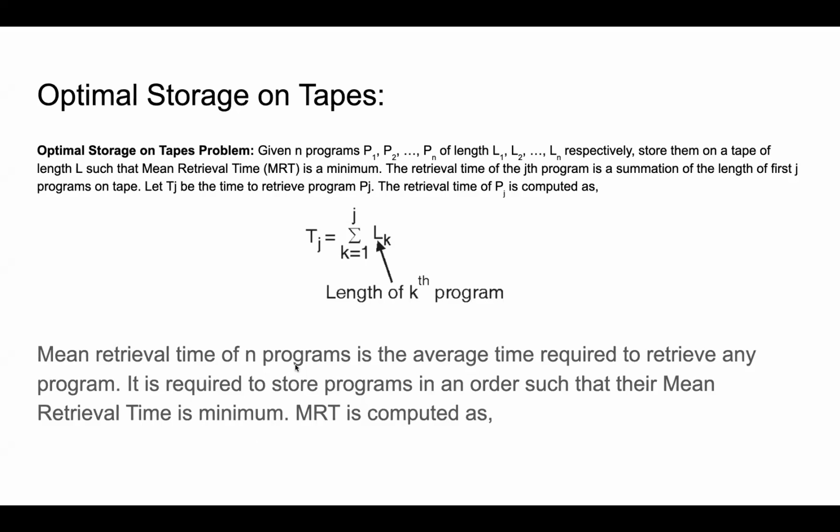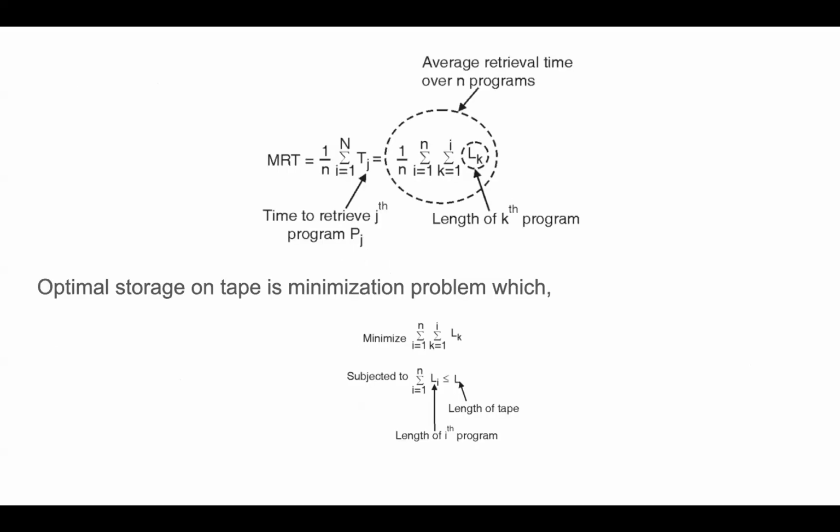The mean retrieval time of n programs is the average time required to retrieve any program. It is required to store programs in an order such that their mean retrieval time is minimum.